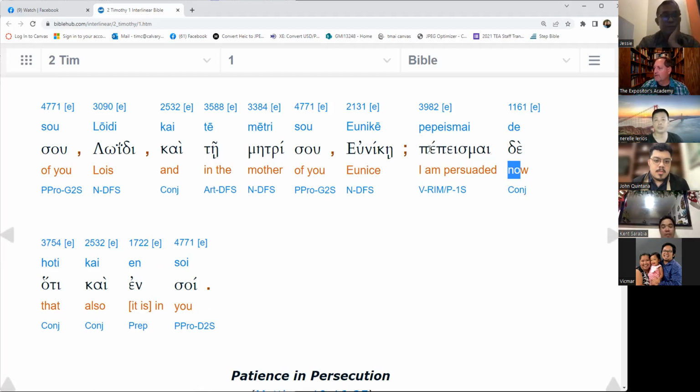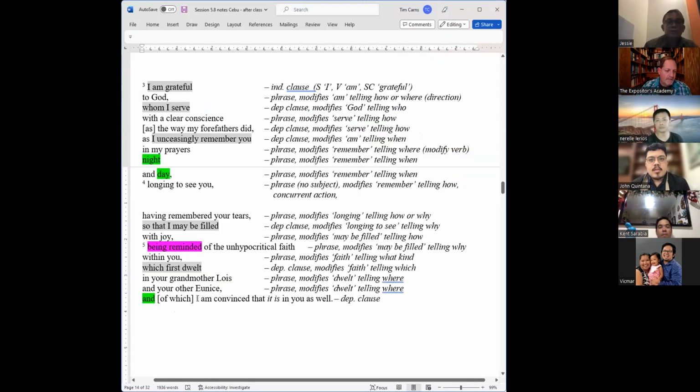There's nothing here in the interlinear that tells us it's dependent, but that does not mean it's not dependent. There's just no pronoun or connector word that leads us that way. But if you think about what's being said here, perhaps the idea is which first dwelt in your grandmother and your mother, and which I'm convinced is in you as well.